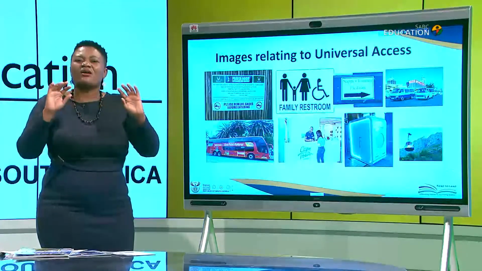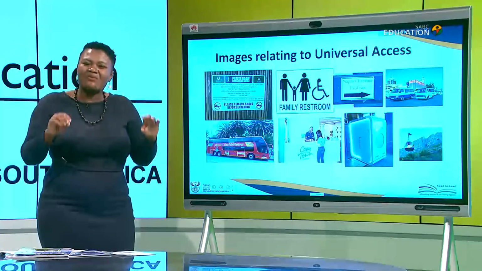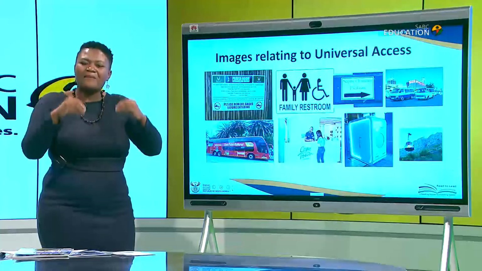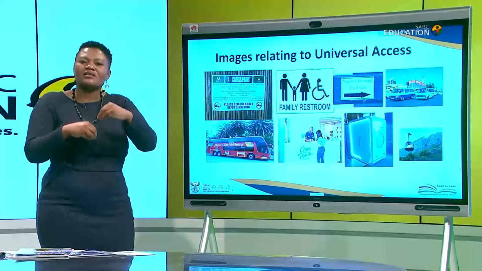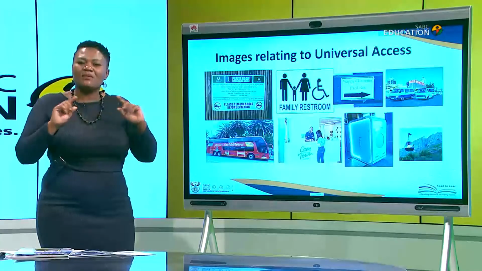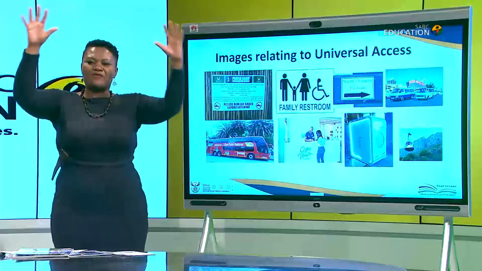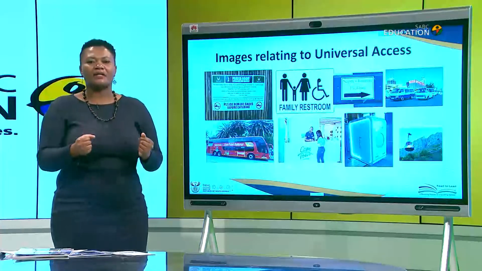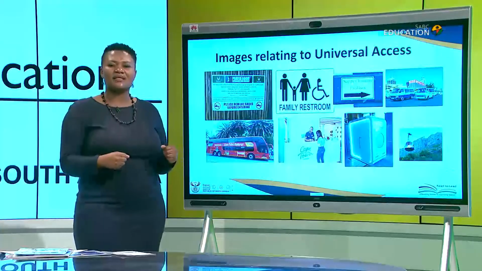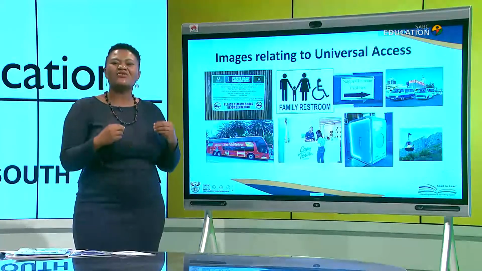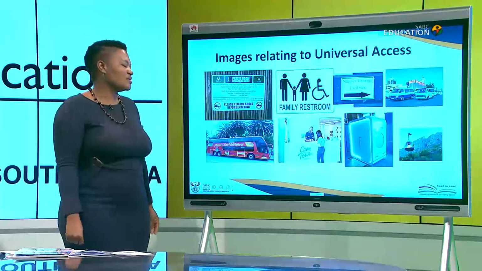Different religions, you are accommodated. Access to information is available under universal accessibility. But with considering the needs of people with disabilities, the focus is just on the needs of people with disabilities and nothing else. Universal access has everyone catered for in that particular attraction. So if an attraction wants to be successful, it needs to ensure that it is universally accessible. That will contribute to the success of a tourist attraction.